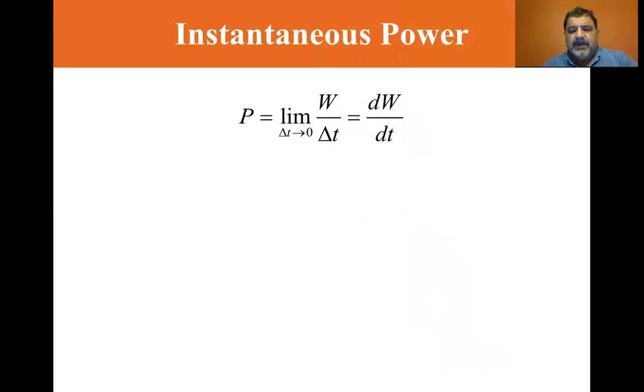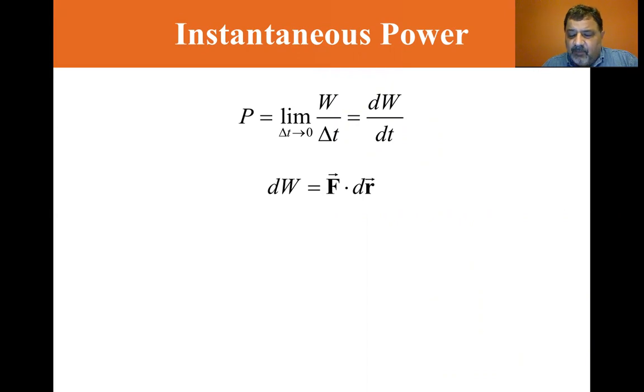The instantaneous power is the limiting value of the average power as delta t approaches zero. dW is the infinitesimal value of the work done. dW is equal to the force times the little distance, the small portion of distance.